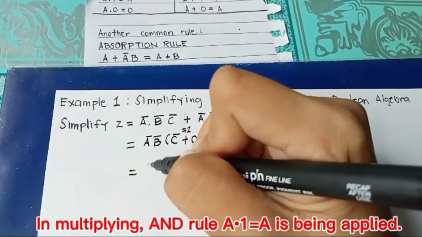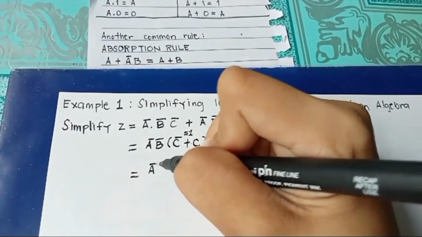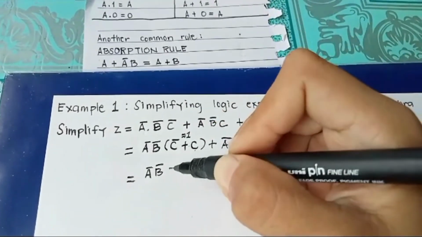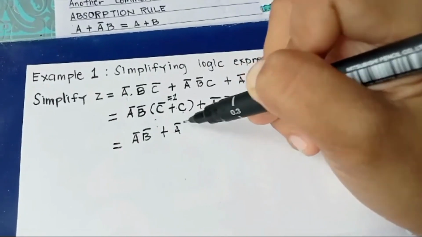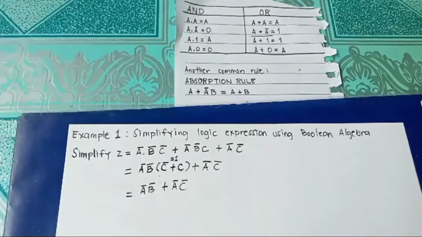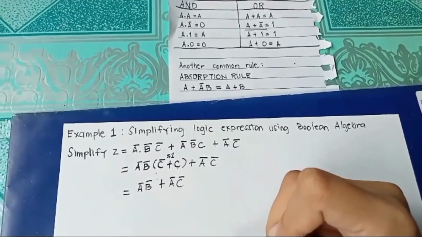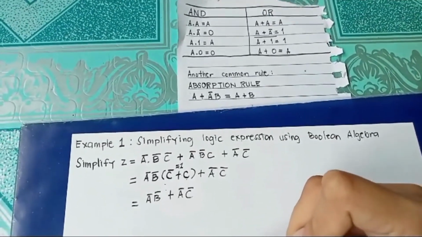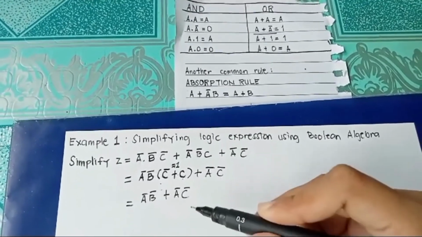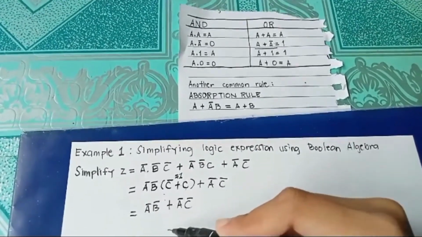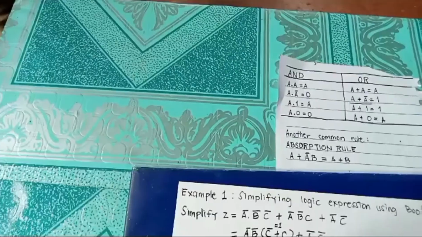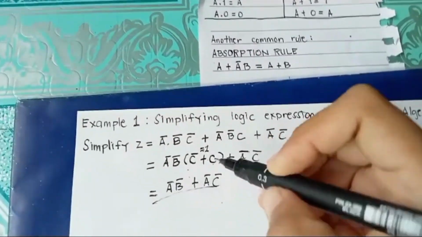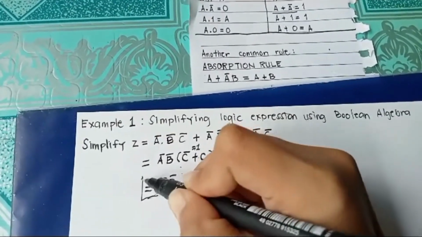So we'll have A bar B bar plus A bar C bar. If no further simplification is possible, we can now say that this is the simplified expression. So this is now the final expression.